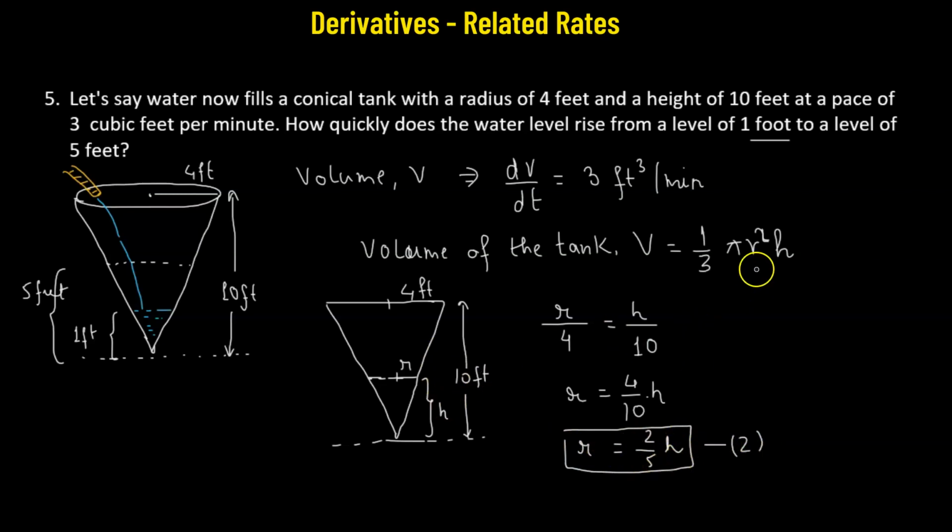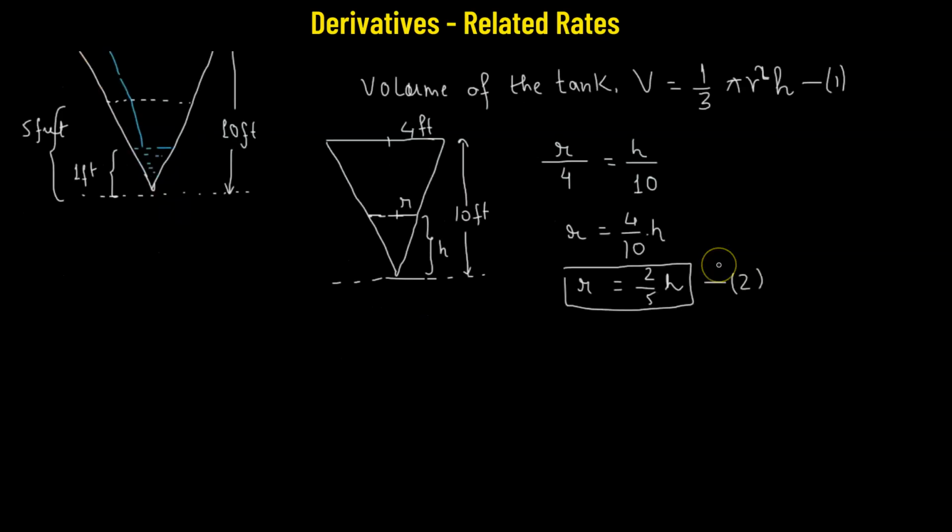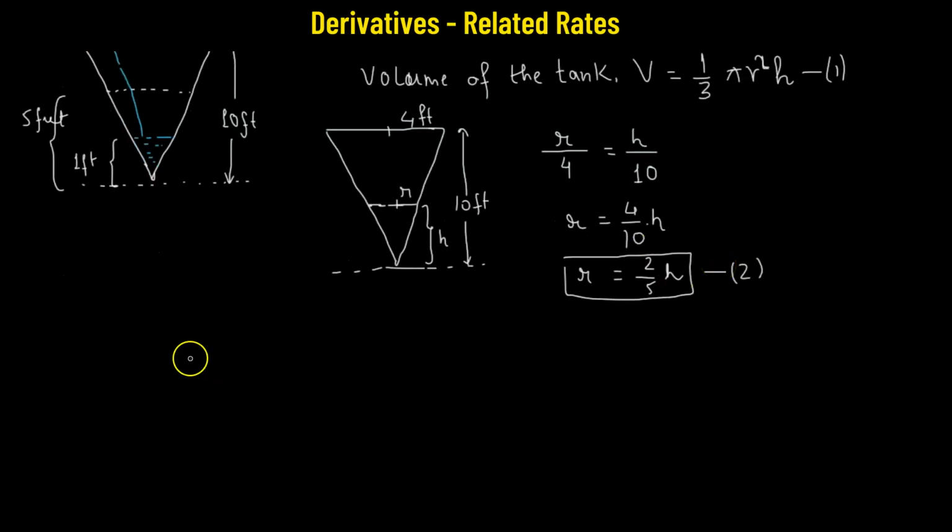Now we will substitute the value of r into the volume of the tank. So equation number 1 gives the volume equal to 1/3 times pi, times r, which is 2/5 h, whole squared, times h.